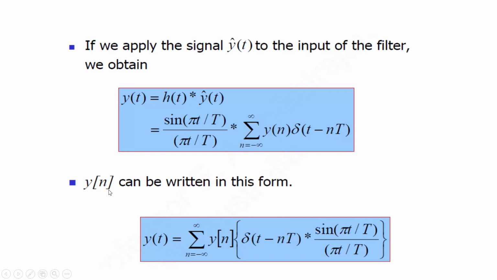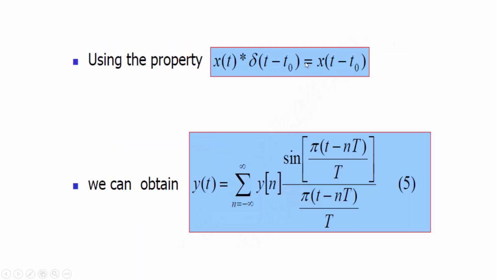Now y[n] can be taken out of this expression, and this delta t minus n by capital T will be convolving with this sinc function. We know this property, that when a signal is convolved with time shifted pulses, you will get the shifted signal.